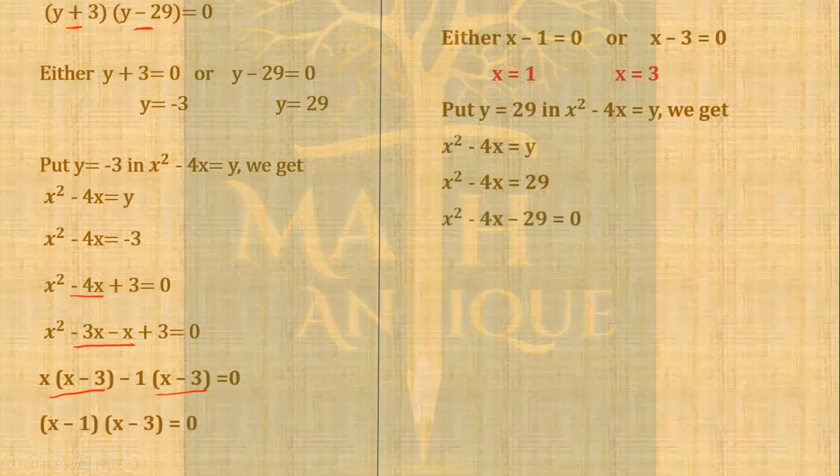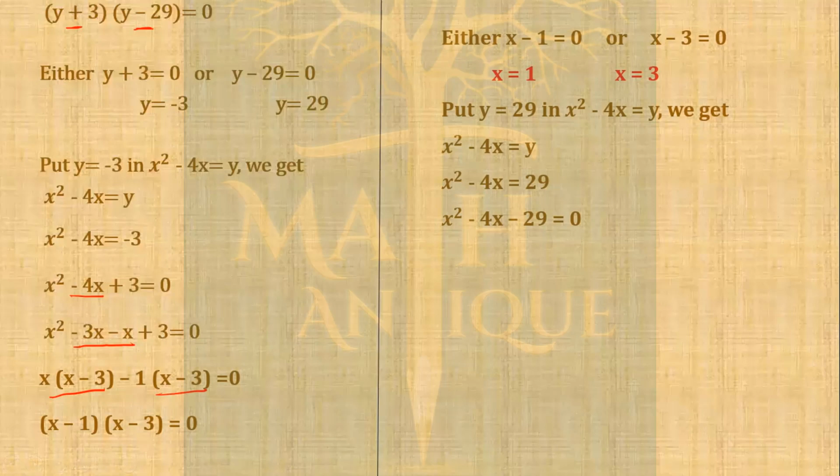We get a quadratic equation in standard form in one variable. The product of the coefficient of x square and 29 is 29. So 29 is a prime number. We cannot factorize further, so we cannot break the middle term. So we will solve it by using the quadratic formula.